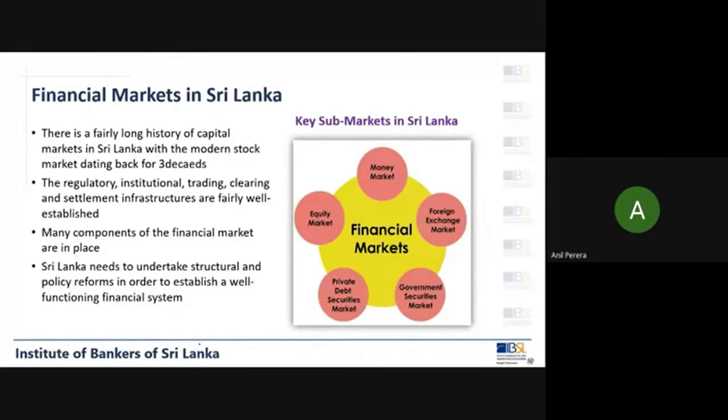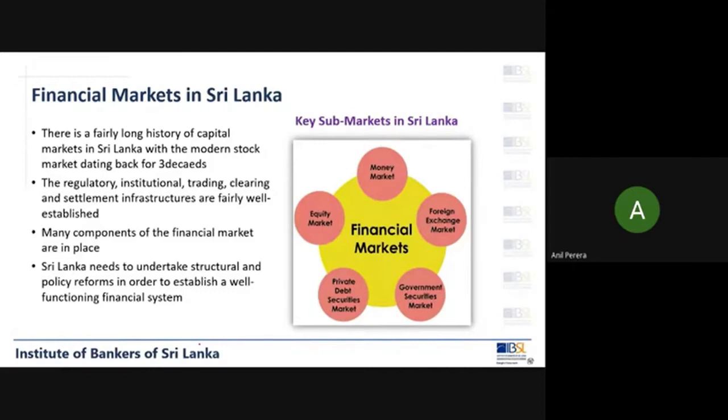Okay, and in Sri Lanka, the regulatory, institutional, trading, clearing, and settlement infrastructure have been fairly well established. Regulatory means relevant laws are there. Institutional means relevant facilitation is there, right? Whether it's by the central bank or by the stock exchange, there are some clear institutional responsibilities given.